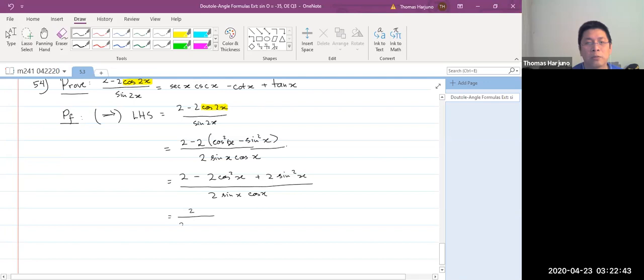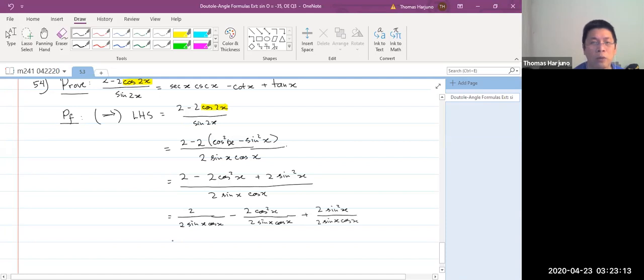I will split them. 2 over 2 sine x cosine x, minus 2 cosine squared x over 2 sine x cosine x, plus 2 sine squared x over 2 sine x cosine x.